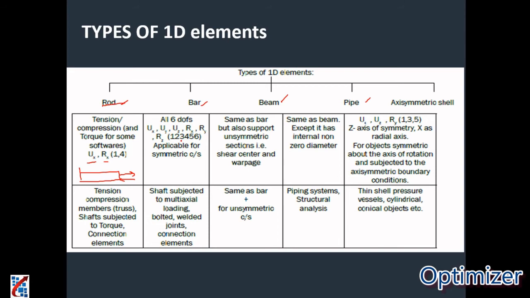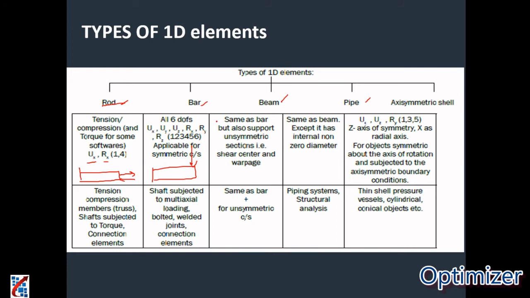Any kind of bar problem you can solve with a bar element. For example, if you have considered a bending force on the beam, then you can use a bar element. A shaft subjected to multi-axial loading, not only in one direction, you can solve with the help of a bar element.